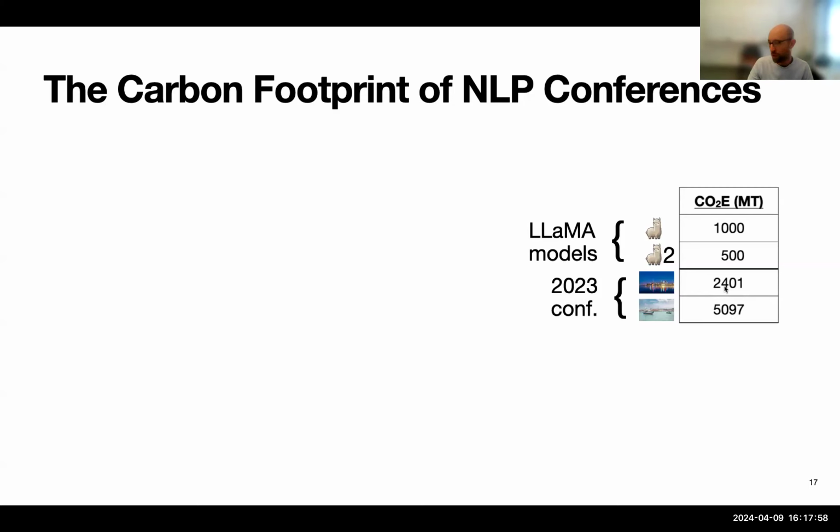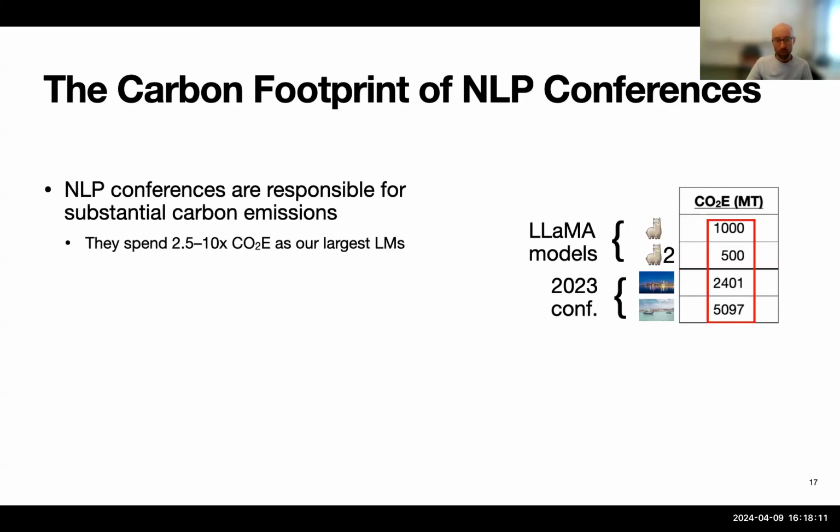ACL 2023 resulted in 2,400 metric tons, and EMNLP 2023, which was held in Abu Dhabi, resulted in 5,000 metric tons. So, somewhat intermediate conclusions: NLP conferences are responsible for substantial carbon emissions and span roughly between 2.5x and 10x of our largest LMs, at least as reported by the authors.